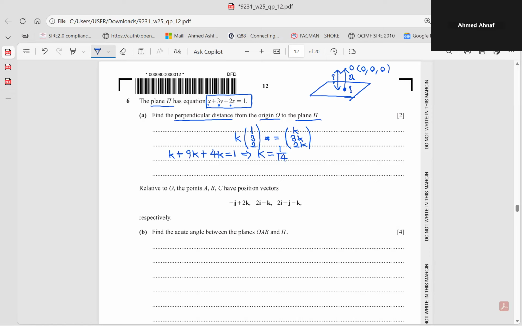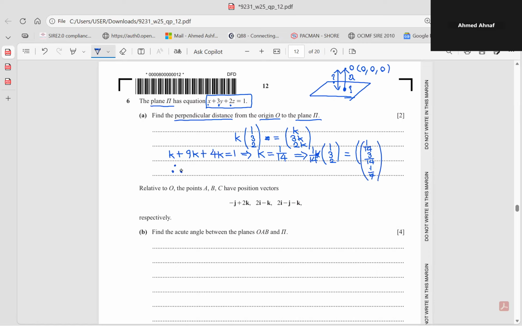So therefore, the vector which we're interested in is k times 1, 3, 2, which is 1 over 14, 3 over 14, and 2 over 14, which is 1 over 7.